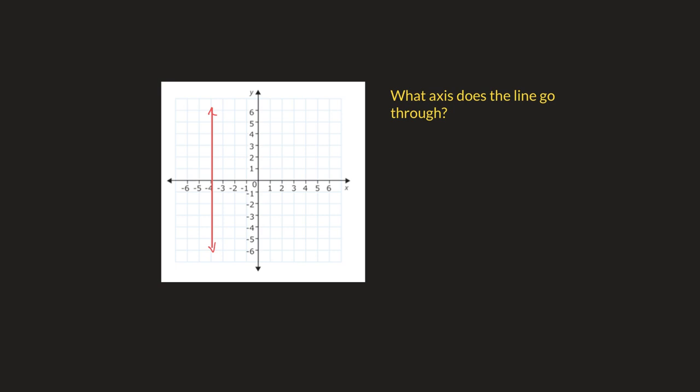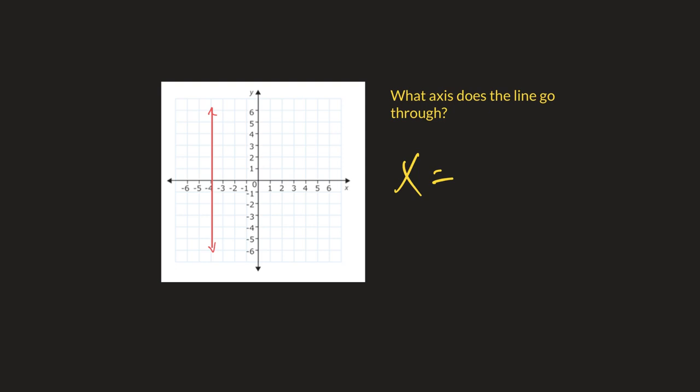Guys, what kind of line is this? Vertical. This is a vertical line. Straight up and down. It's a vertical line, okay? We are going to ask ourselves the same question. We recognize it's a vertical line. What axis does the line go through? Goes through the x-axis, okay? So what do you think this equation is going to start with then? It's going to start out exactly x equals, okay?